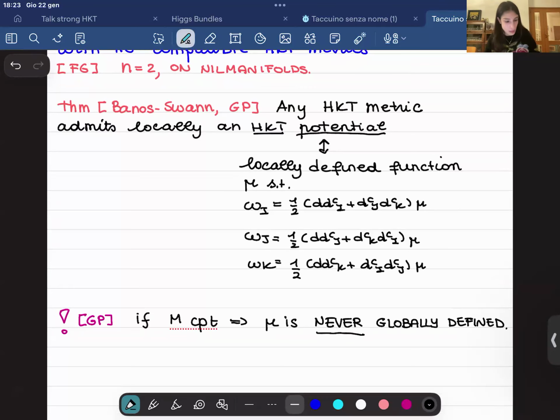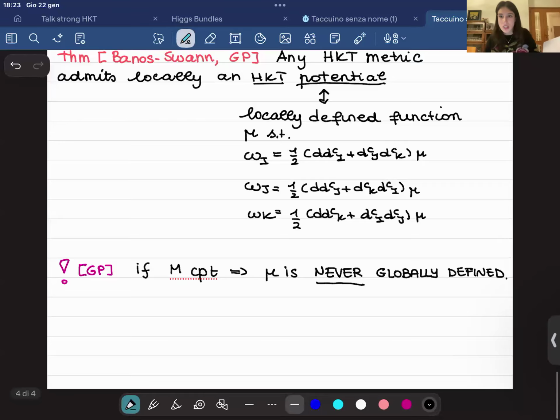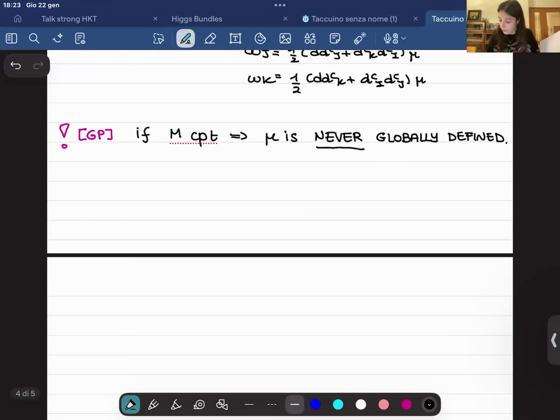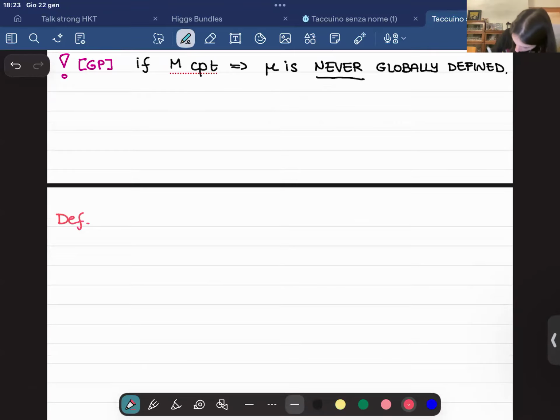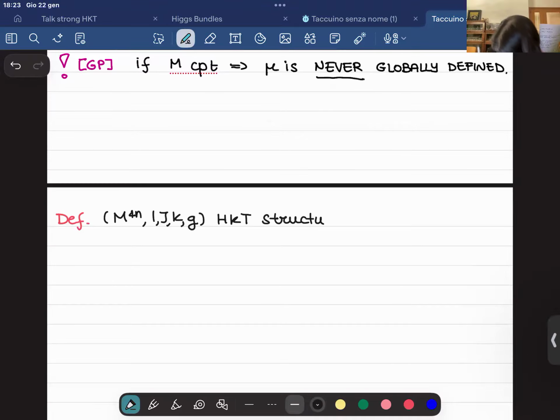So I think that now we are ready to define what a strong HKT structure is. We have all the ingredients to do it. So let us pick an HKT structure. I say that this is strong HKT whenever the Bismut torsion is closed.